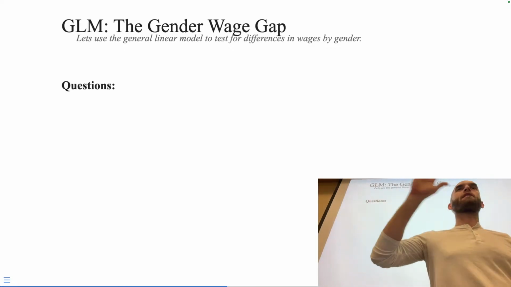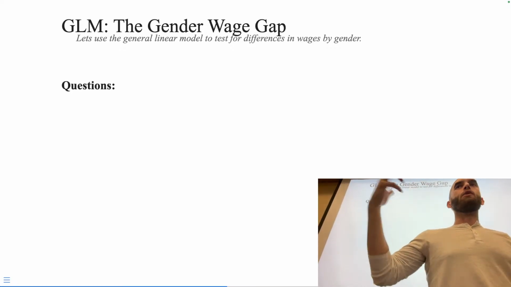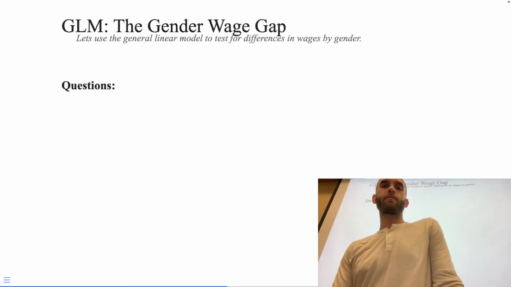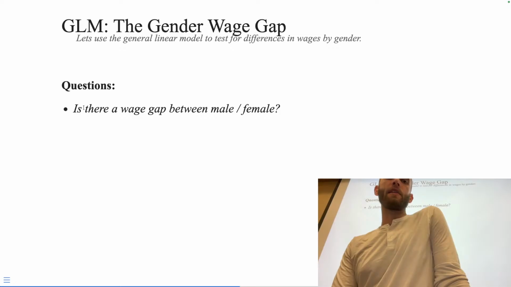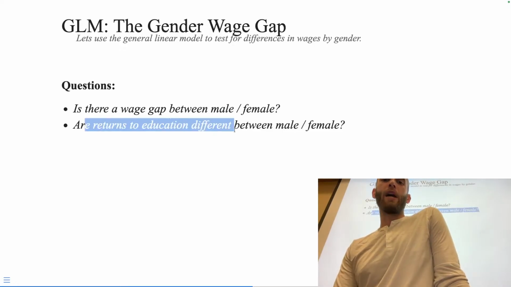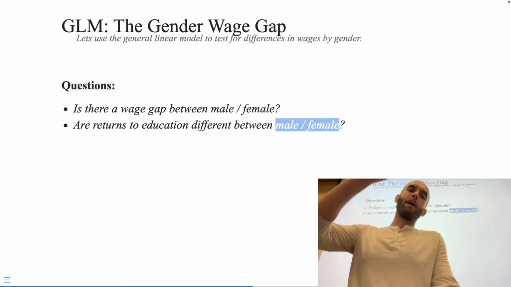Over the next couple of classes, we're going to test this in a couple of different ways, using slightly different variations on the same model. But this is going to be our main question. Is there a gender wage gap? And are the returns to education different between those coded as male and those coded as female in the census?